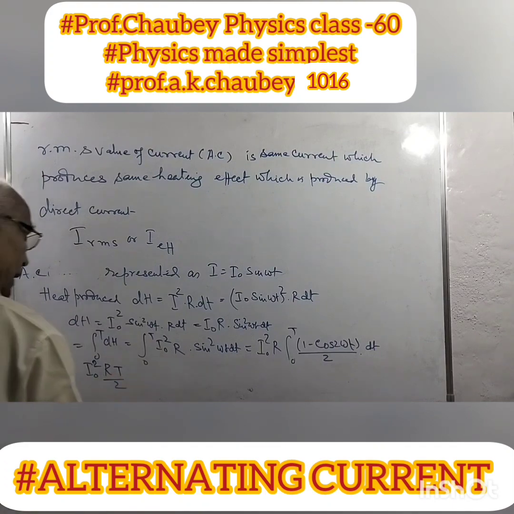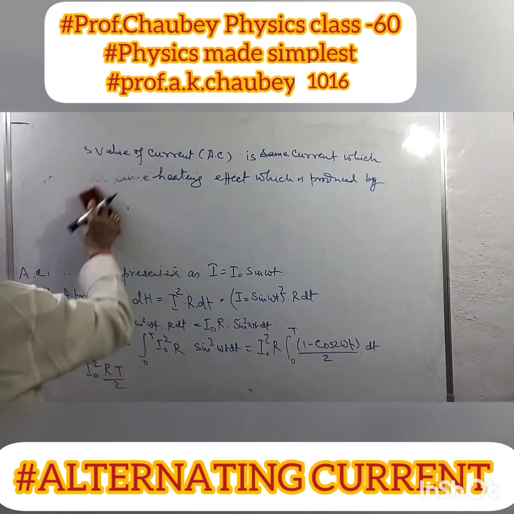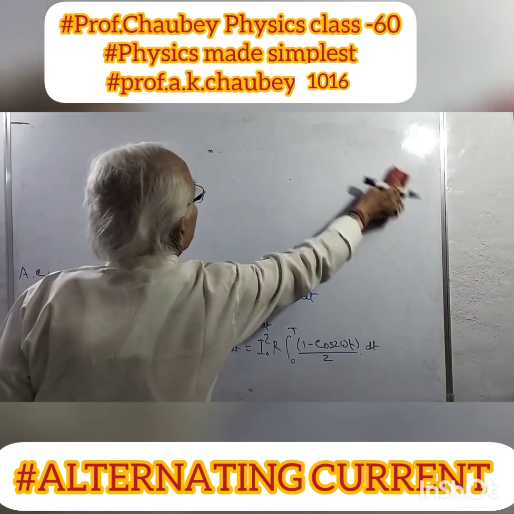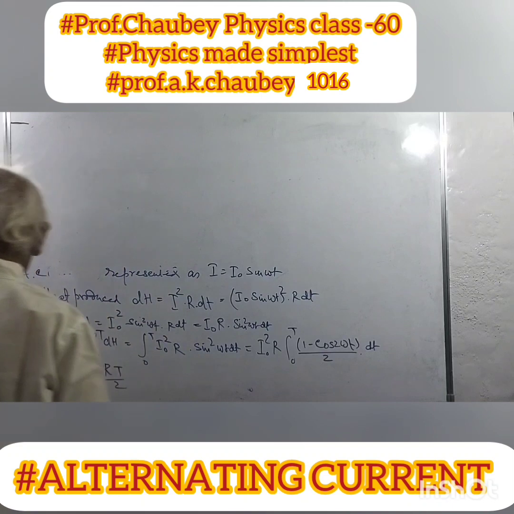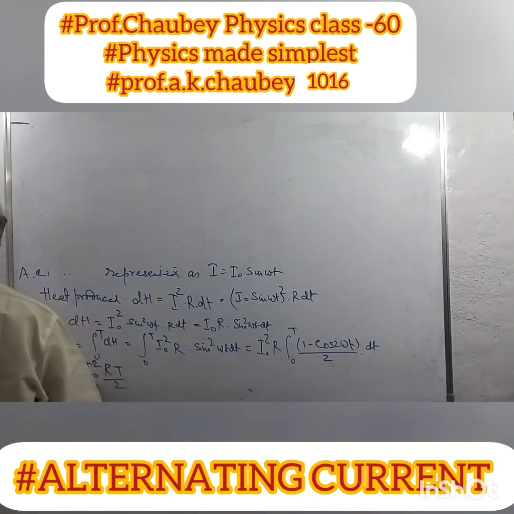Just integrate this and put the limits. So this gives you H, the heat produced in one cycle. Heat produced in one cycle, H is equal to I naught square R T over 2.